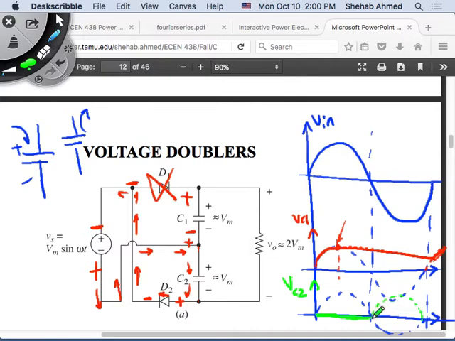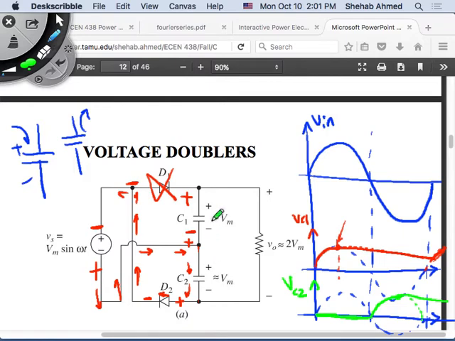And then in the negative half cycle, I started charging it using my supply voltage. Until when? Until I reach the maximum value of my supply voltage again. And then, fine, it acts like a half-wave rectifier, so it will discharge through the resistive load after that.